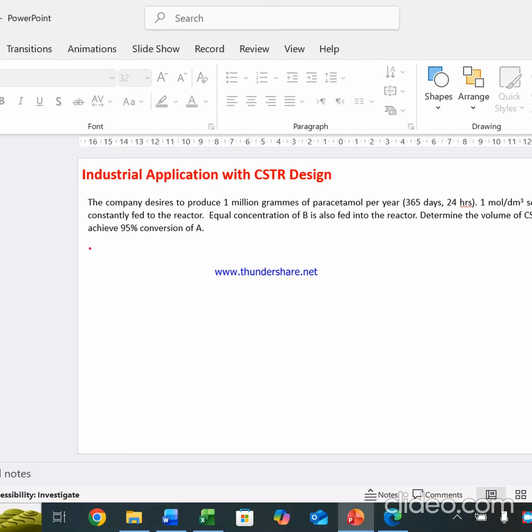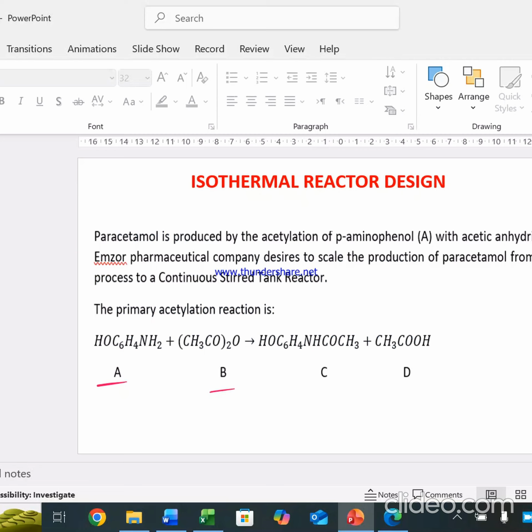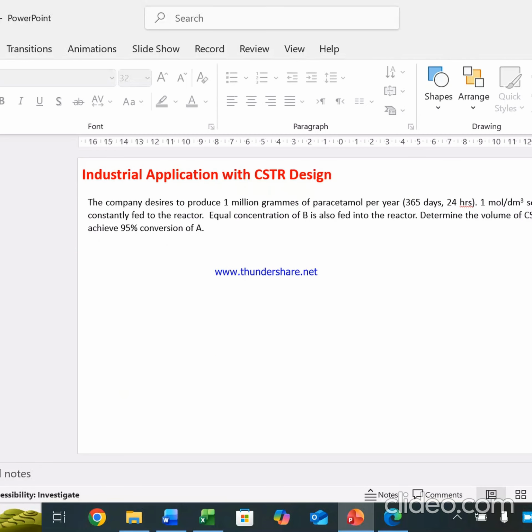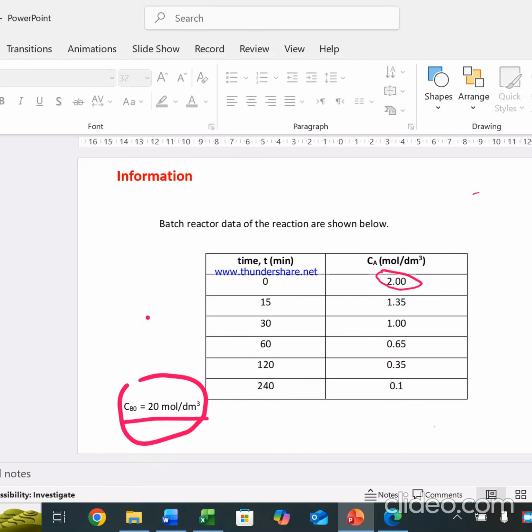So the company is looking to produce C. You remember our C is our paracetamol here. So we want to produce C, which is the paracetamol, at 1 million grams every year. You remember our rate data is given per minute. Therefore, we need to find how much they are going to be producing per minute.